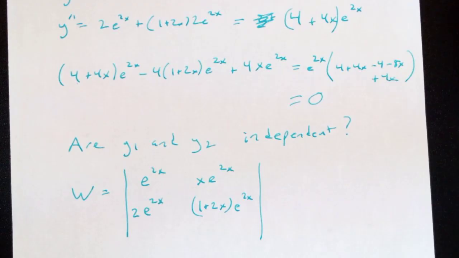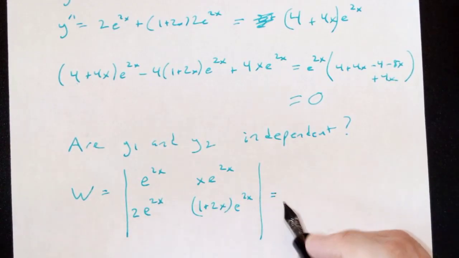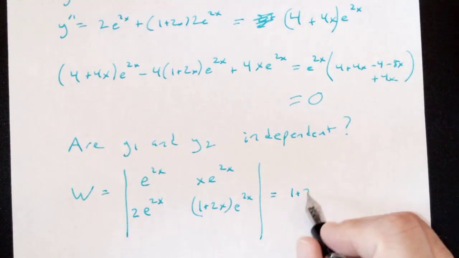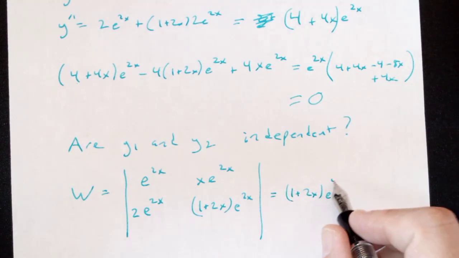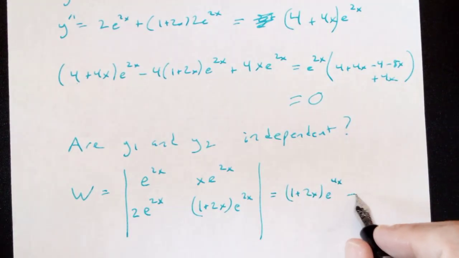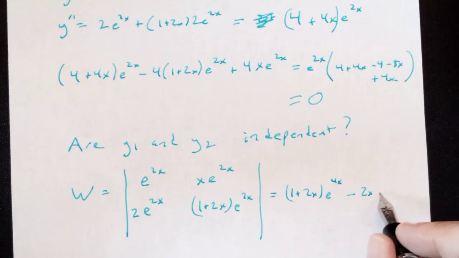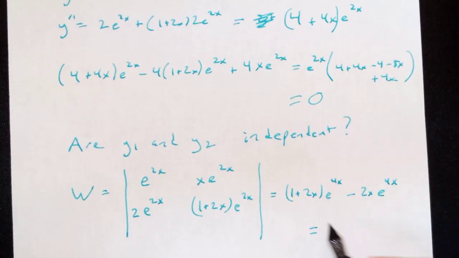If you want, we can just plug in a number, or we can take the determinant as is, and I get 1 plus 2x times e to the 4x minus 2x e to the 4x. Well, the 2x e to the 4x cancels. I'm just left with e to the 4x, which is never equal to 0.